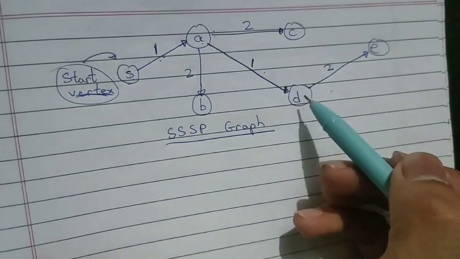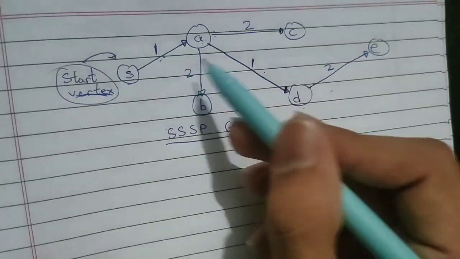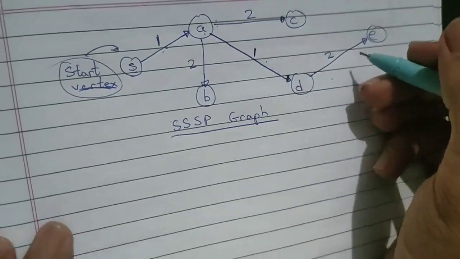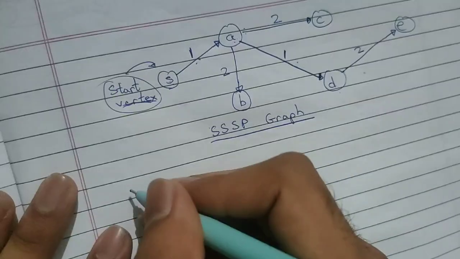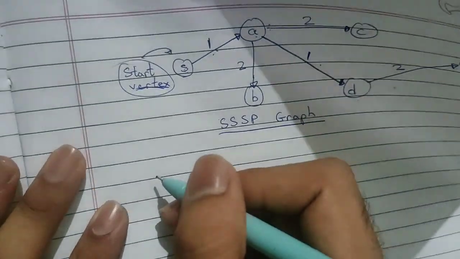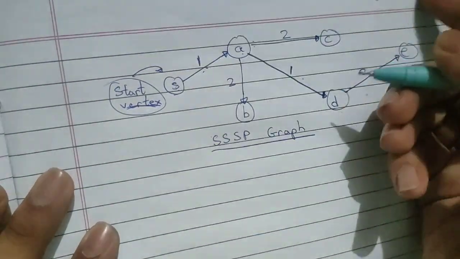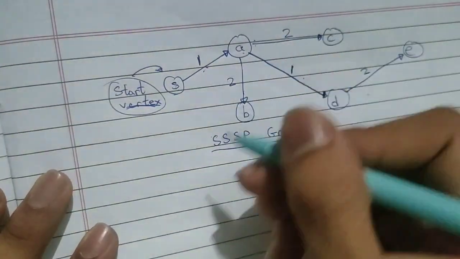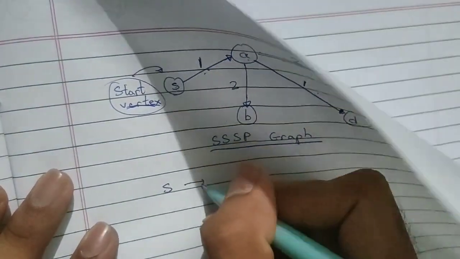So S to A is 1. A to D is 1. So 1 plus 1, 2. D to E is again 2. So 1, 1, 2, 4. Correct? So the distances also are matching. And also, if you like, you can show the paths for each and every vertex.